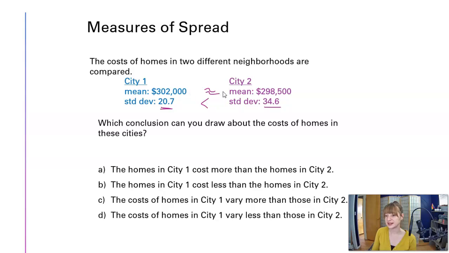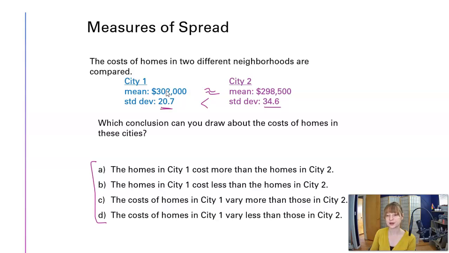So if our mean is about the same, but our standard deviation is higher in City 2, which one of these answers down here is accurate? What would we conclude about this data set? Well, if the means are about the same, that's our measure of center, right? That's our typical value.